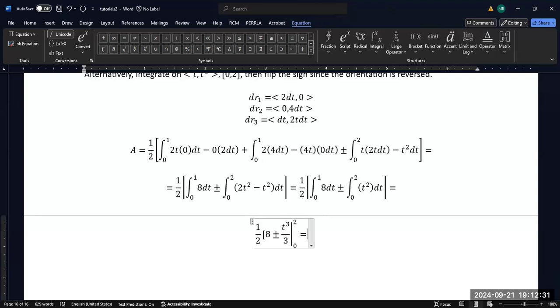And so I'm going to end up with 8 plus, now the 0 doesn't do anything, plus or minus 8/3.